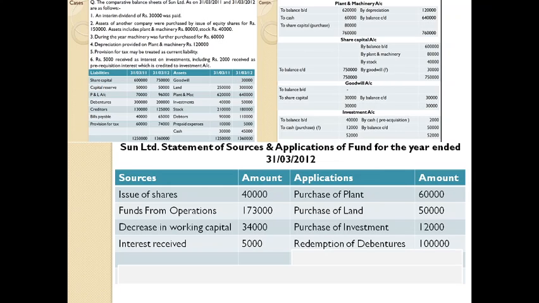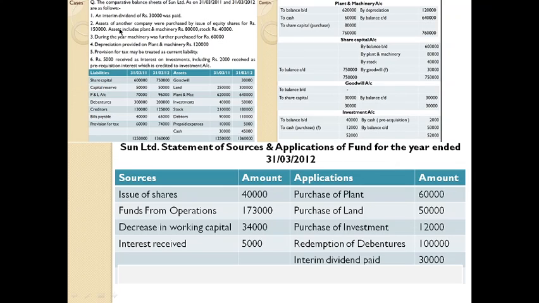If you remember, while preparing final accounts, we kept a concept that whatever information is given in the adjustment, you have to take that item twice while preparing the statement. The same concept is also followed here. Interim dividend has been taken in the preparation of adjusted profit and loss account, but it has to be taken in the statement of source and application. Since it is a payment, it is an application of funds, so interim dividend paid 30,000.